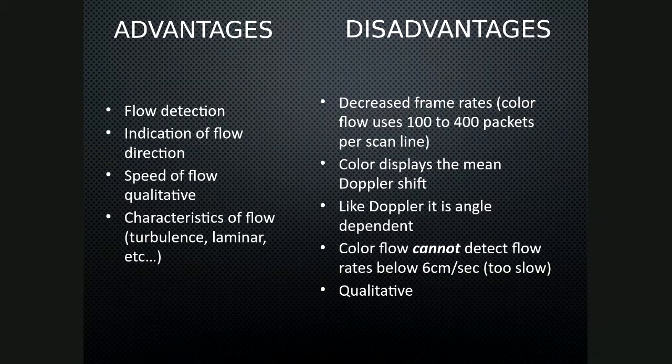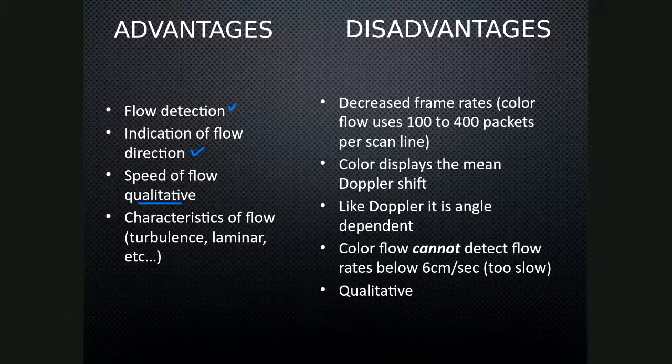So what are some advantages and disadvantages of color? Well, color is able to detect if there actually is flow. We can tell the direction of flow with color. We can get a qualitative analysis of the speed, like we just mentioned in the previous slide. Lighter, brighter is faster, and deeper, darker is slower.